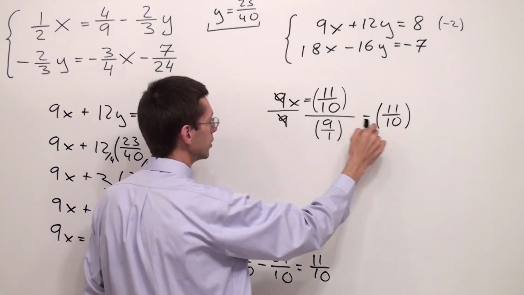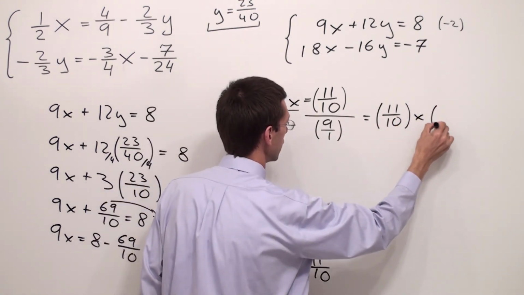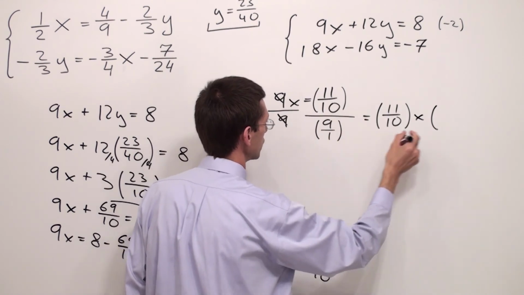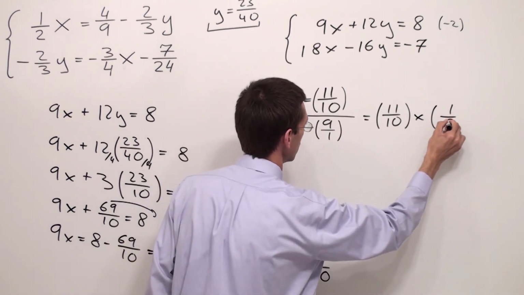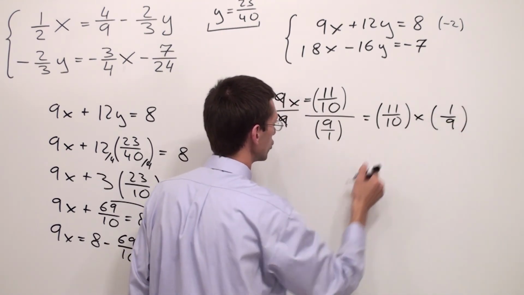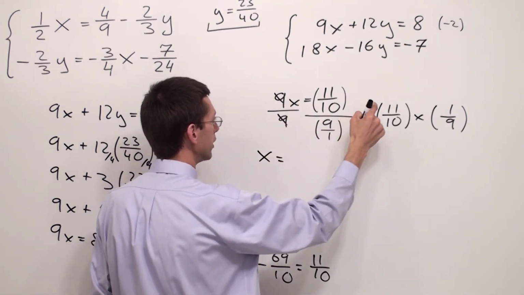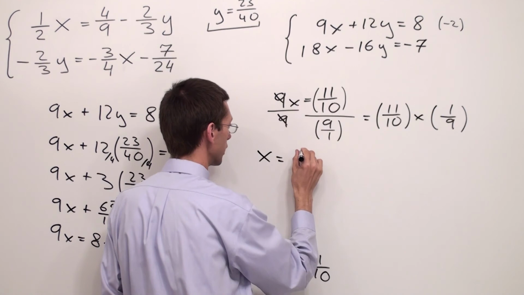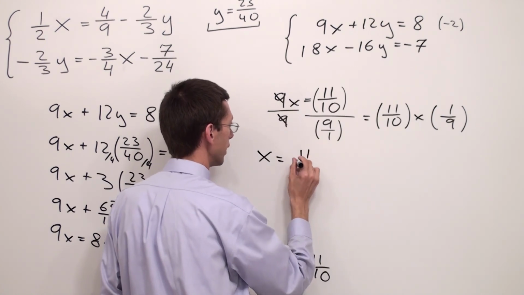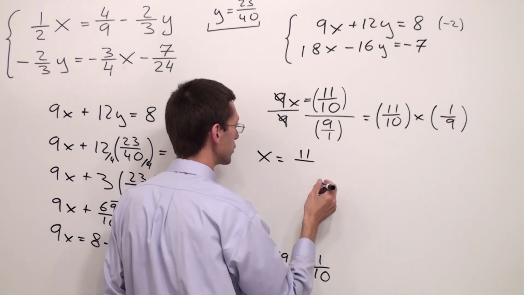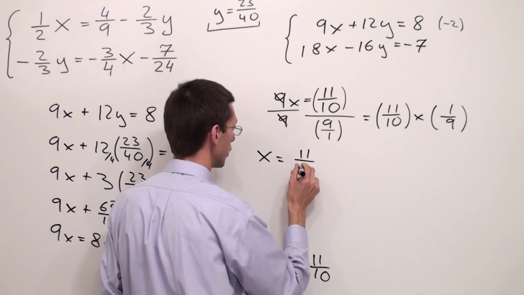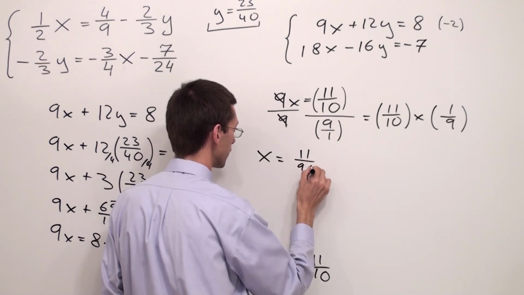Division, you have to change to multiplication and find the reciprocal of the second fraction, 1 over 9. Next, you're supposed to perform the multiplication. x is equal to 11 times 1 is equal to 11, and I have 10 times 9 is equal to 90.